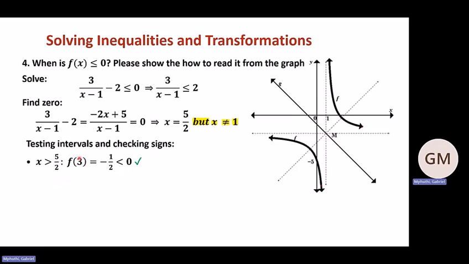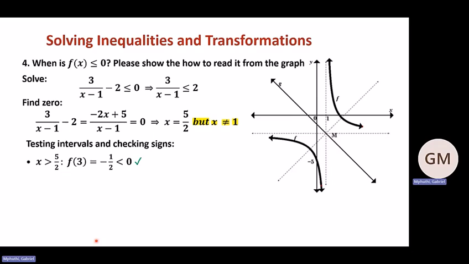So for the first value, we can just check, because 5/2 is the same as 2 and a half, which in decimal form is 2.5.